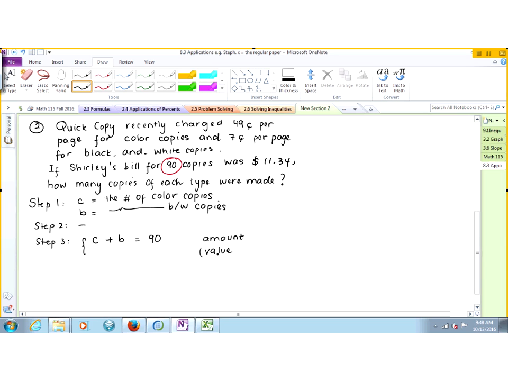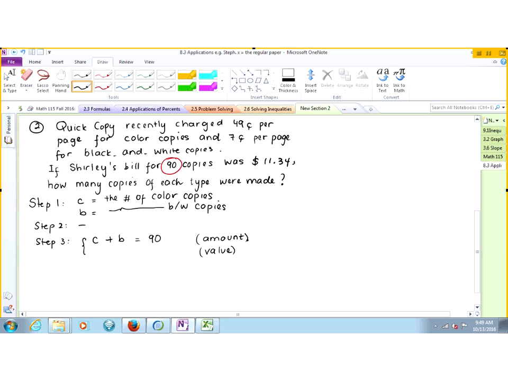Now, the value. So somebody else. So Salman answered the first question. What about the value? What is the equation related to the value? Both numbers are going to be in the same equation.